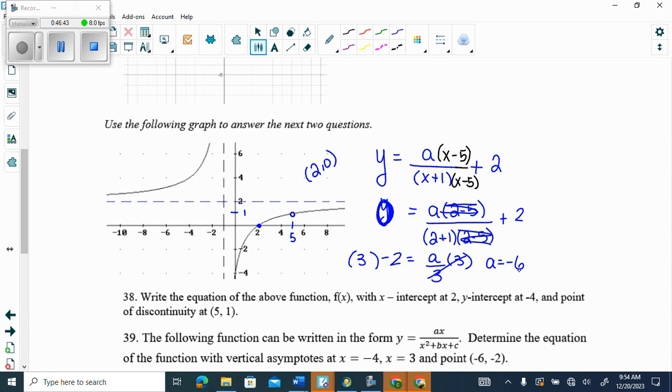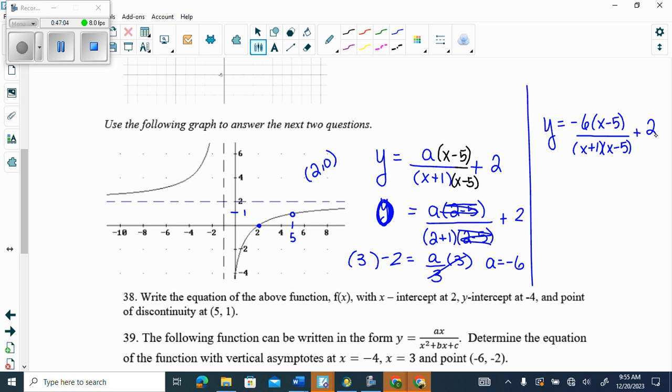So my equation is y equals -6(x minus 5) over (x plus 1)(x minus 5), plus 2. Now what if they wanted it as a full fraction? You would have to make a common denominator.